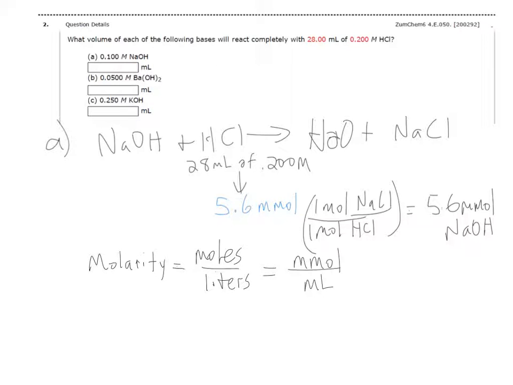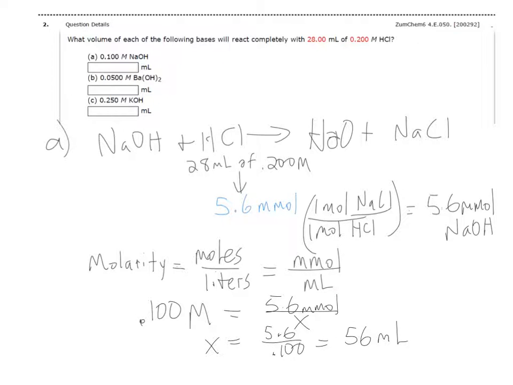In part A, they said that the molarity was 0.1 molar, and we'll set that equal to the number of millimoles that we had solved, 5.6, over some unknown volume in milliliters. And if you divide that out, we get 56 milliliters for part A.